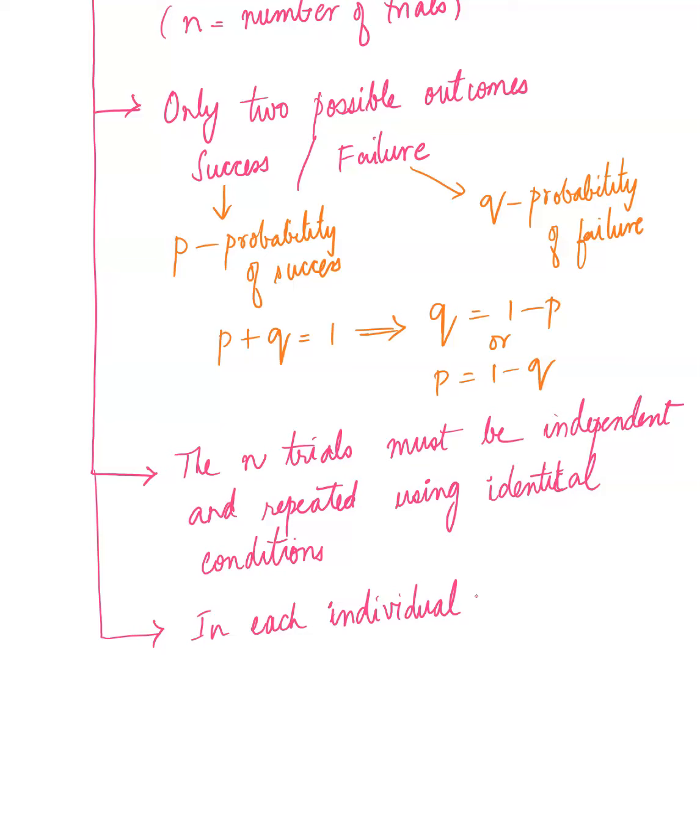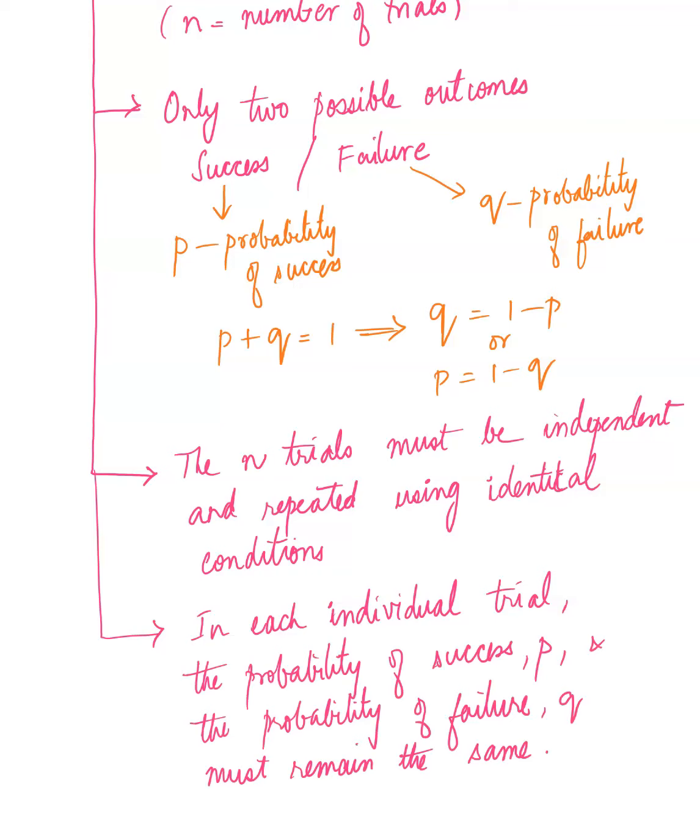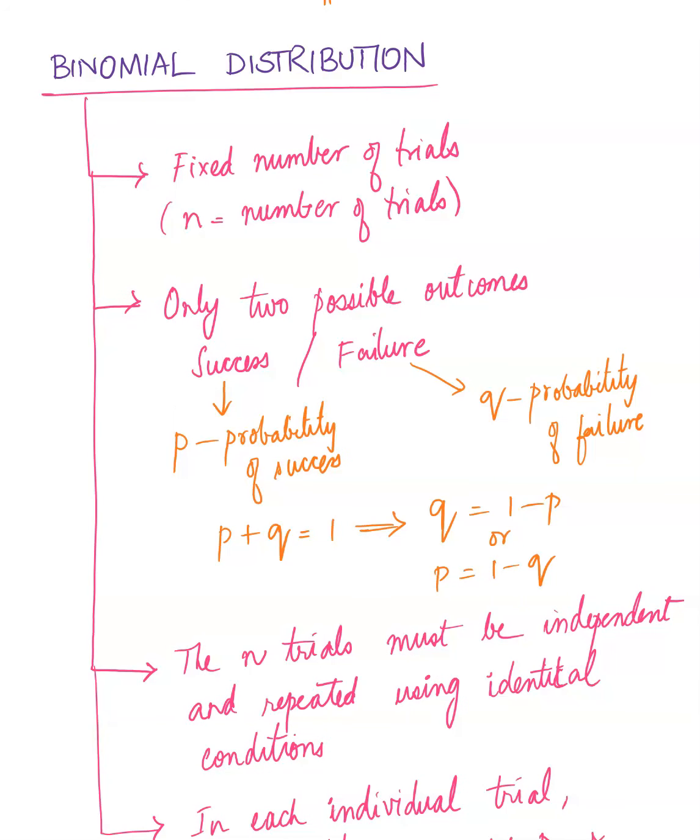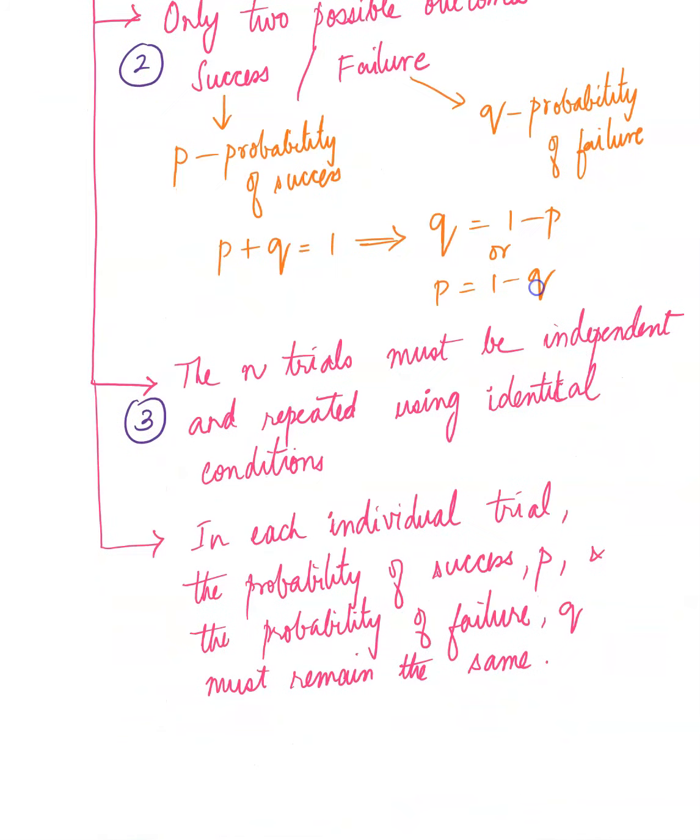All those things can change the outcome of the other because they were dependent. But here, because they're independent, in each individual trial, the probability of success P and the probability of failure Q must remain the same. Therefore, we really want to be very, very particular about binomial distribution. You always want to check if these conditions are satisfied. So condition number 1, condition number 2, number 3, and number 4. Again, as I mentioned, number 4 is redundant, but it doesn't hurt us to check it explicitly.